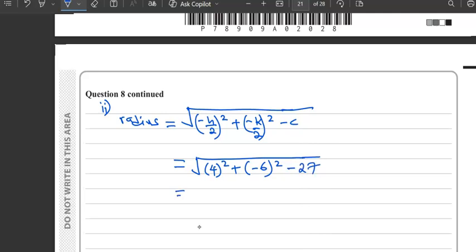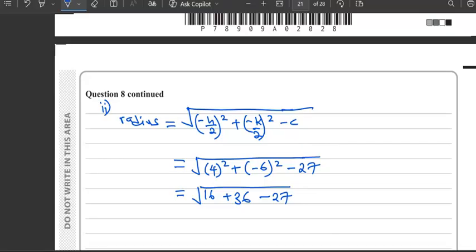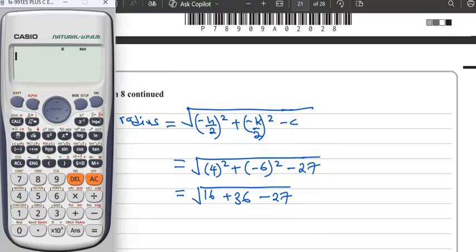Simplifying further, 4 squared is 16, negative 6 squared is 36, then minus 27.